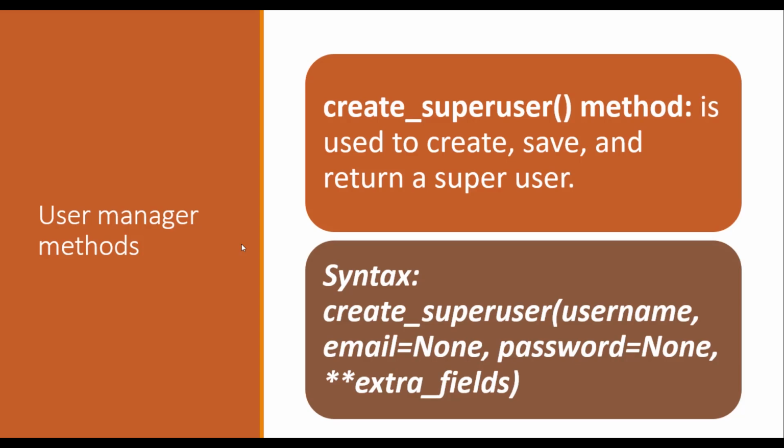And this method works the same as the create_user method, but there is a difference between both methods. The difference is that it sets is_staff and is_superuser fields to true always.